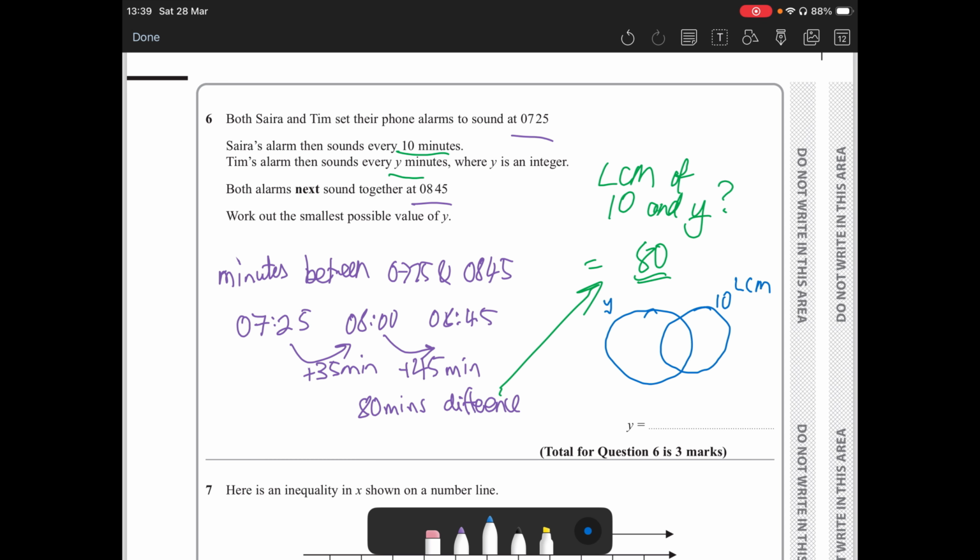So with this, we know that all three areas multiply to give 80, right? The y bit, the bit they overlap, and the 10. So we want this to be the smallest possible value of y.